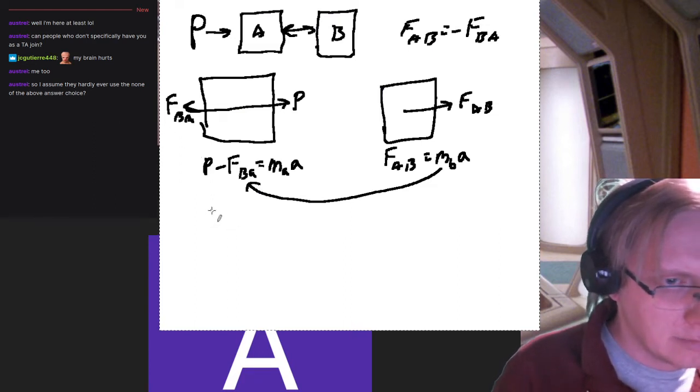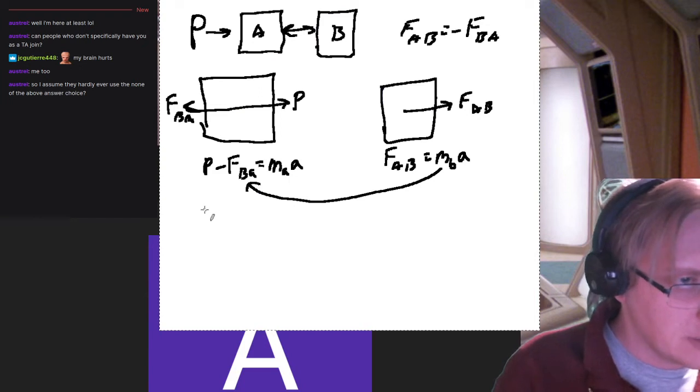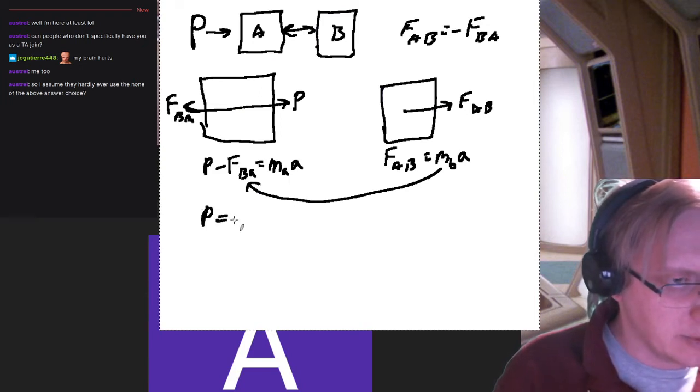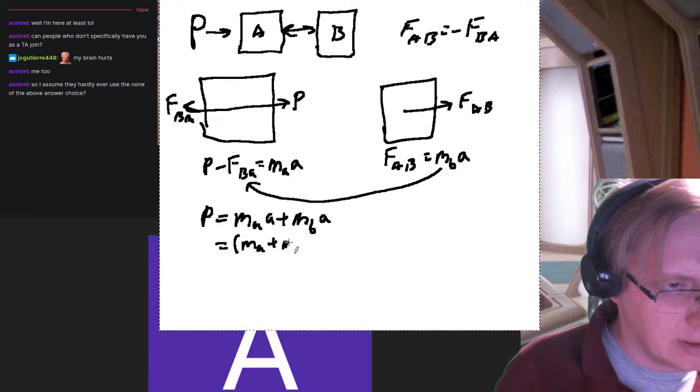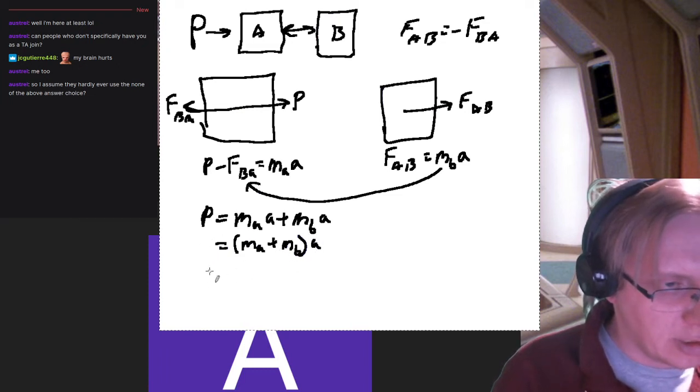So then we end up with P is equal to mA times a plus mB a, which is exactly what I said, mA plus mB times a. Put in the numbers and you find out that a is equal to 2 meters per second squared.